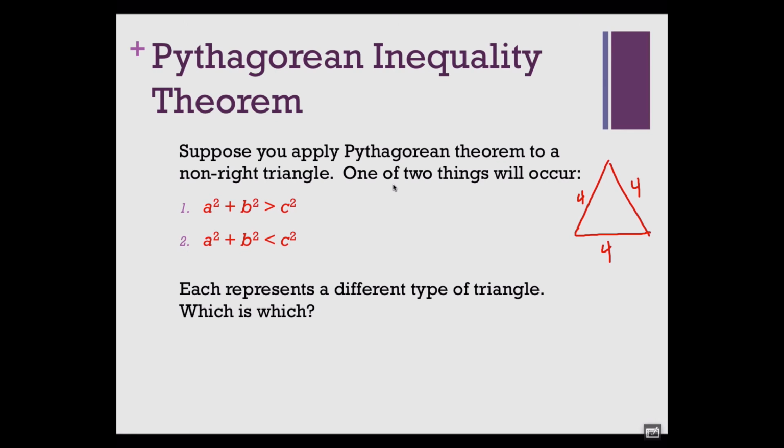Which one's A, which one's B, which one's C? It doesn't matter, they're all 4s. So is 4 squared plus 4 squared greater than or less than 4 squared? Greater than. So therefore 1 is acute. Good. That's how I remember it. If you have some other method, great, roll with it.